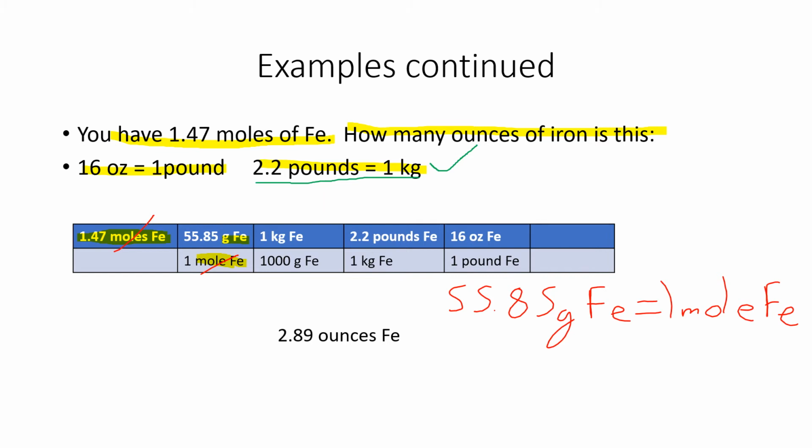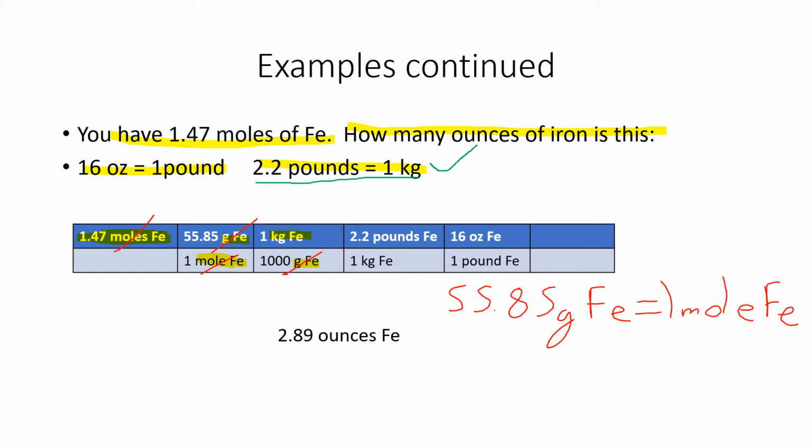I want grams to cancel, so my grams of iron will go in the denominator in order to cancel with the grams in the numerator, leaving the kilograms of iron in the numerator. So we're going to be able to cancel off our grams of iron, numerator and denominator. Now we're at kilograms of iron. Well, now that we're at kilograms of iron, we can use that key translator equality that we identified earlier. 2.2 pounds, 1 kilogram.